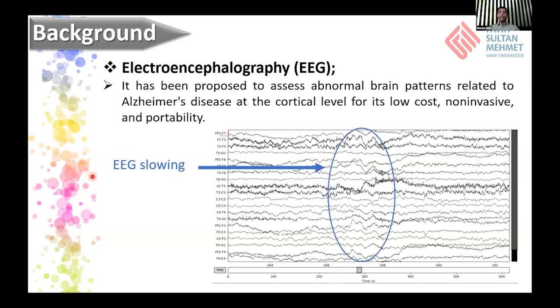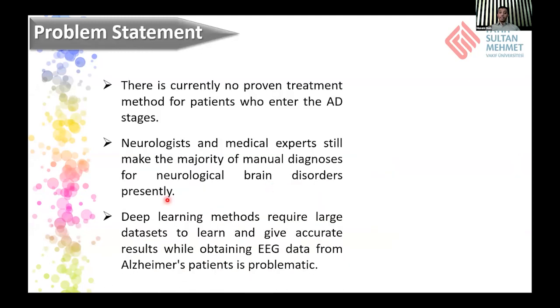Alzheimer's disease is identified in the EEG pattern by what is called EEG slowing, which is an increase in the power of low frequency patterns such as theta and delta, and a decrease in the power of high frequency patterns such as beta and alpha. As I also said before, there is currently no proven treatment method for patients who enter an Alzheimer's stage.